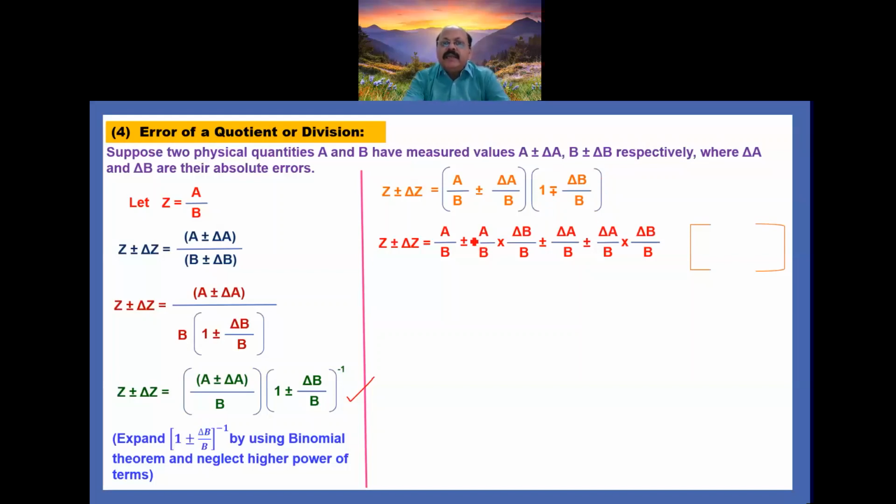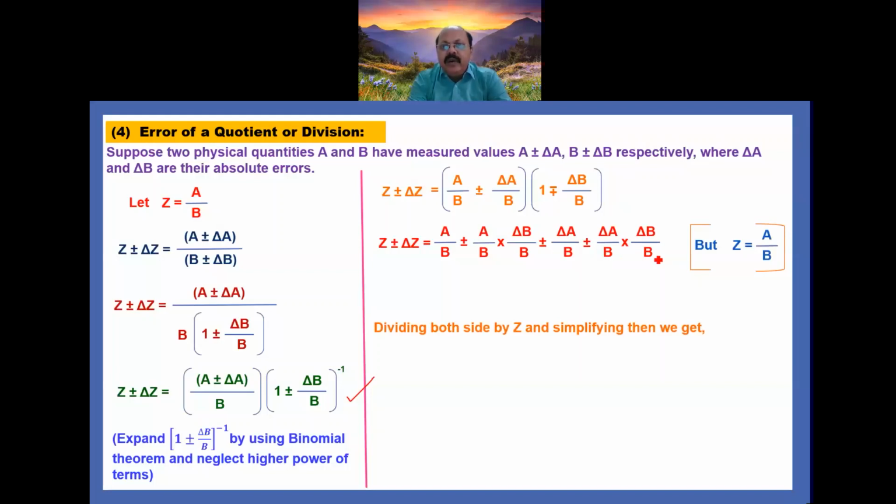So what you will get? a upon b plus minus a upon b into delta b upon b, plus minus, then you multiply it by this factor, delta a upon b plus minus delta a upon b into delta b upon b.